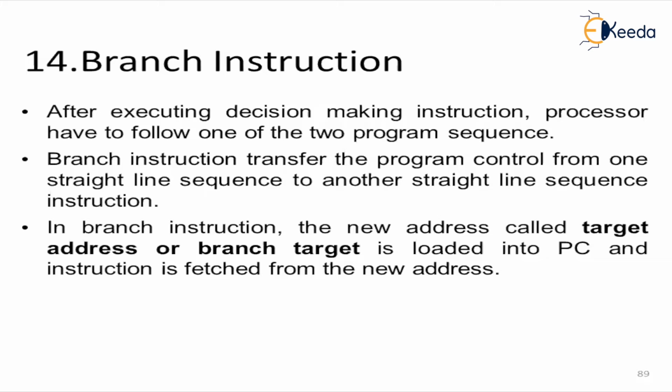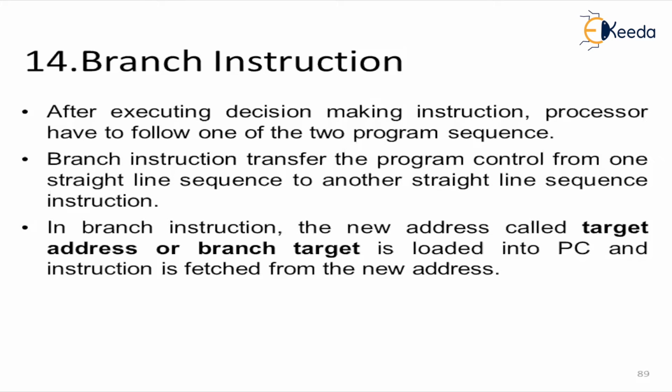After executing the decision-making instruction, the processor has to follow one of two program sequences. Like if the programs have been interlinked and are in the pipelining of the execution, then branch instruction transfers the program control from one straight line sequence to another straight line sequence.